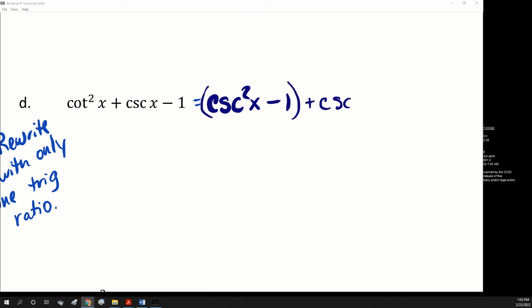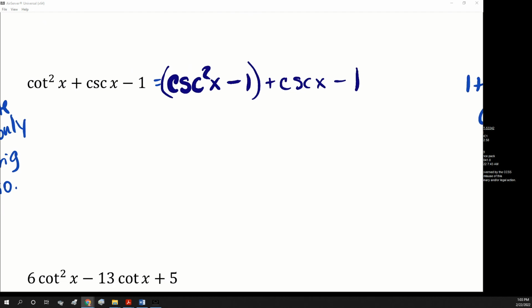All right, and then everything else I'm just going to bring over. All right. So then I am going to combine my like terms. The only like terms I have are -1 minus 1.